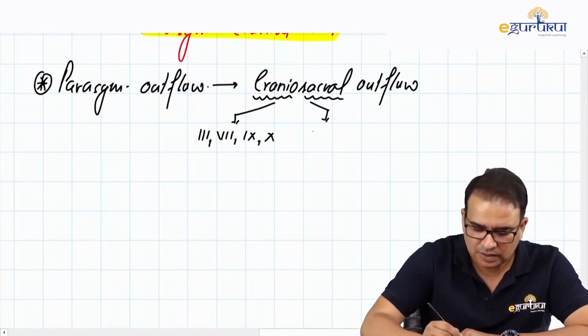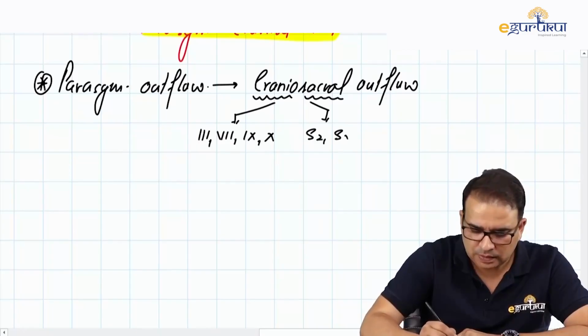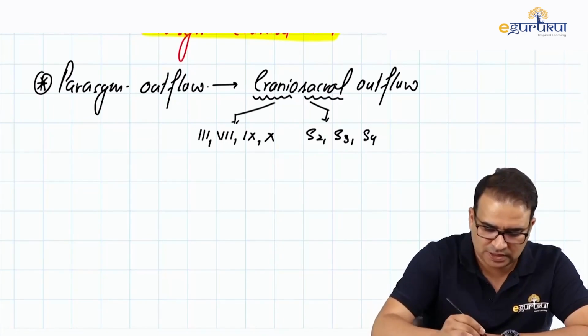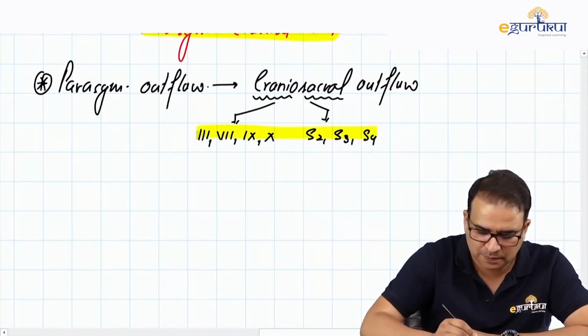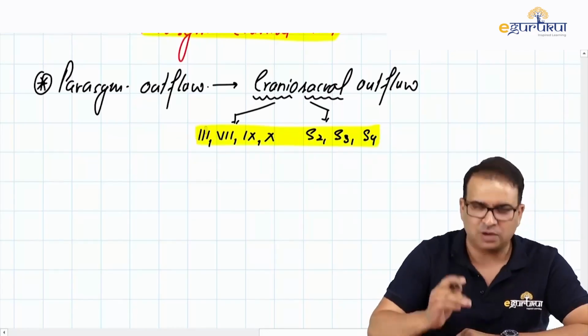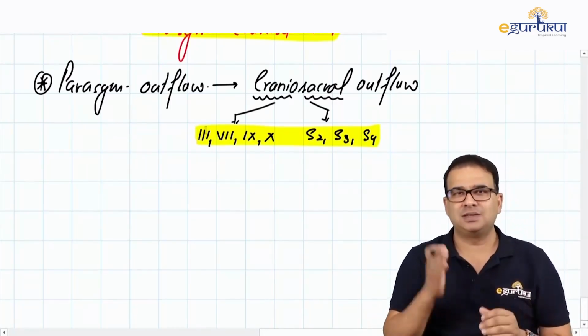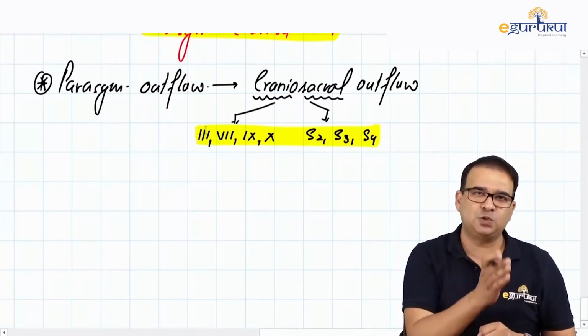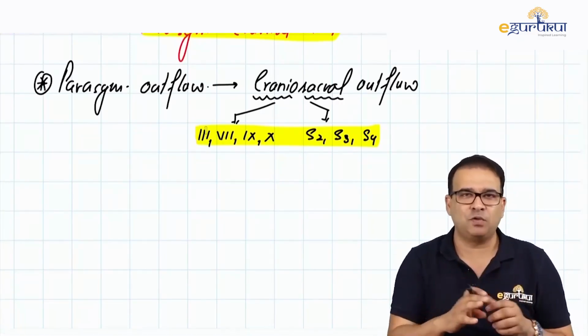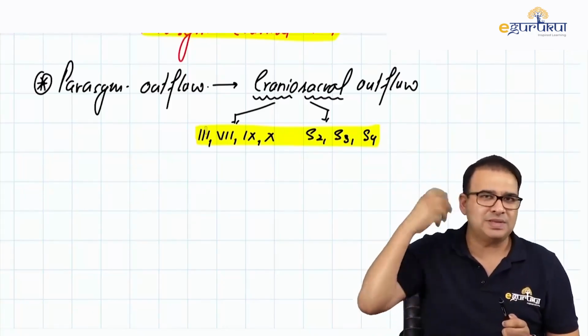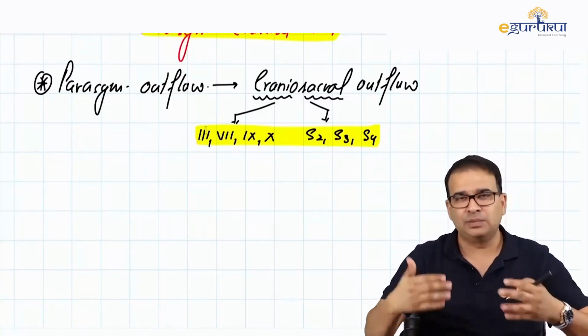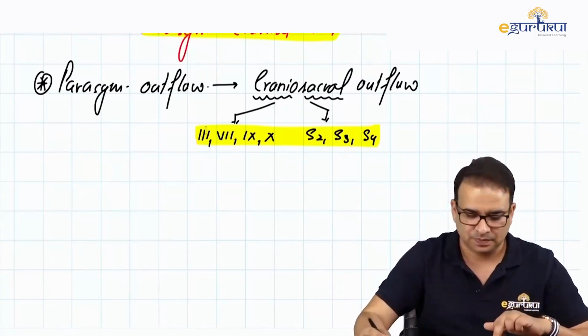Which sacral nerve? S2, S3 and S4. So if the question is asked that parasympathetic outflow is constituted by what nerves, your answer is 3, 7, 9, 10, S2, S3, S4. That is craniosacral outflow. Some cranial nerves, like 4 cranial nerves and 3 sacral nerves together, they form the parasympathetic outflow system.